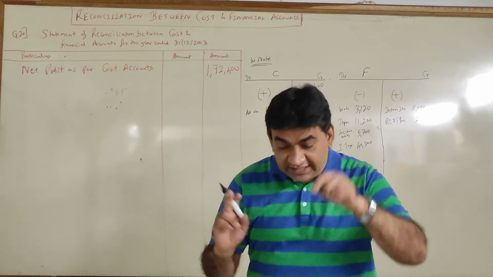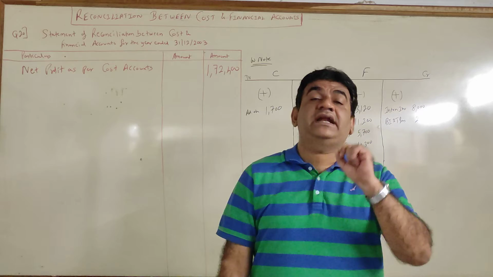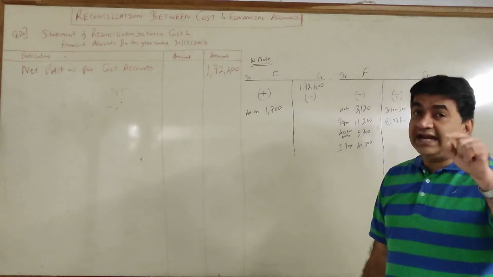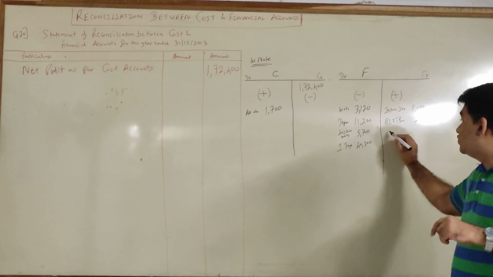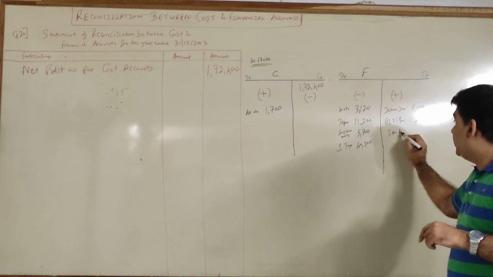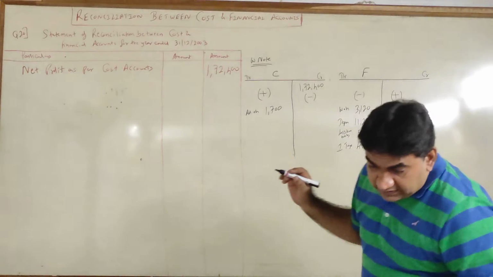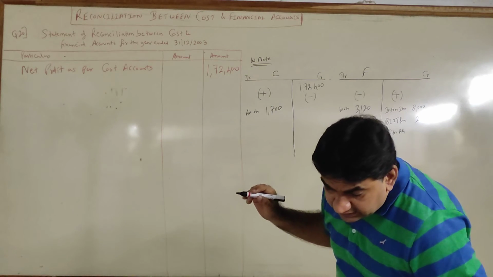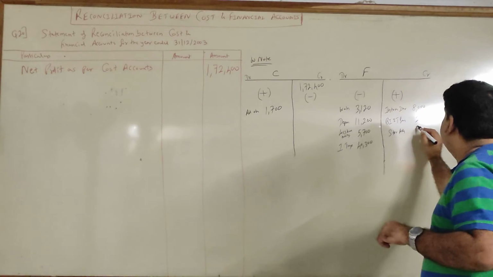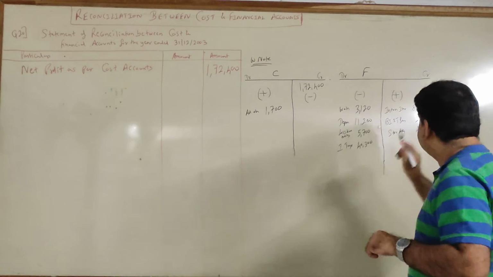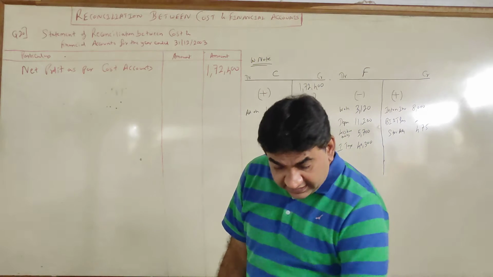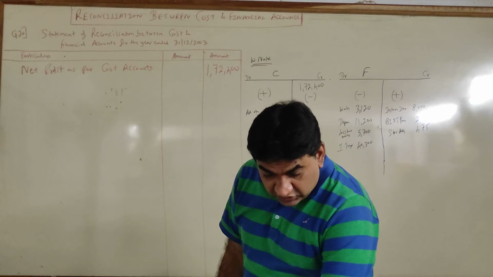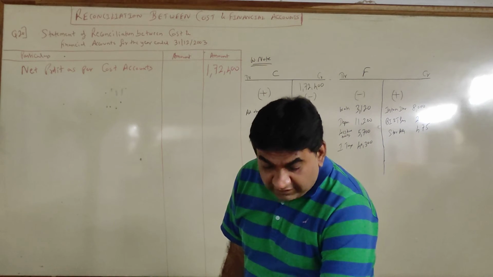They have to mention, they have put it in brackets, credit. That means there is a surplus. So credit means it's a gain. So store adjustment, how much is it? 475. Store adjustment 475.